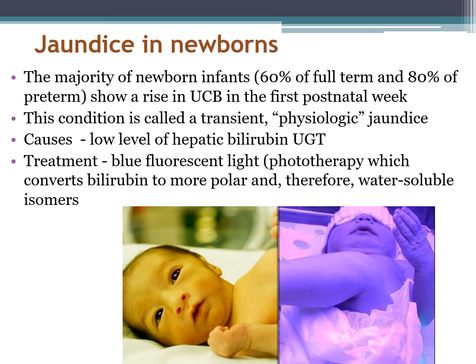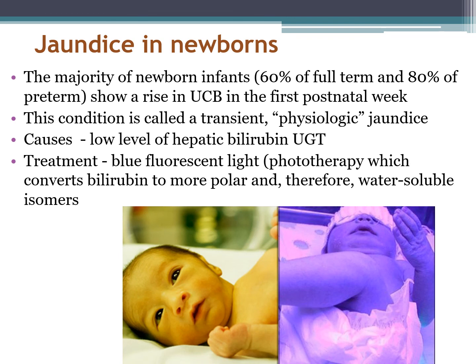And jaundice in the newborn: the majority of newborns, 60% of full term and 80% of preterm infants, show a rise in UCB, that is unconjugated bilirubin, in the first postnatal week. This condition is called transient physiologic jaundice.